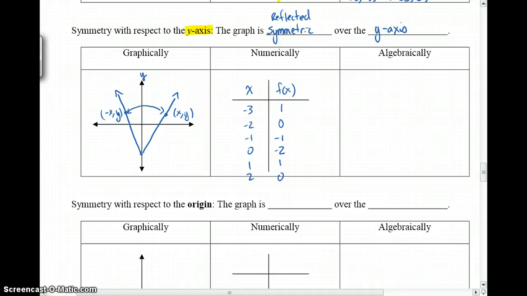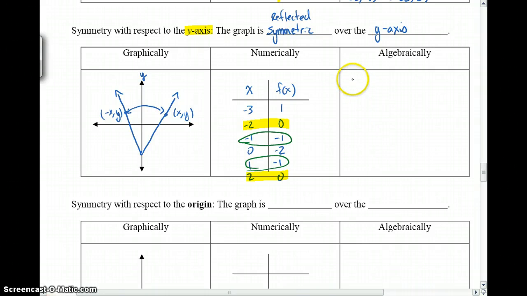You'll notice that there are pairs here. The -2, 0 and the 2, 0 are together. We have our -1, that shouldn't be negative. Oh, there's a mistake. This should be negative. Okay? So the f of x value should be the same, but the x value changes.